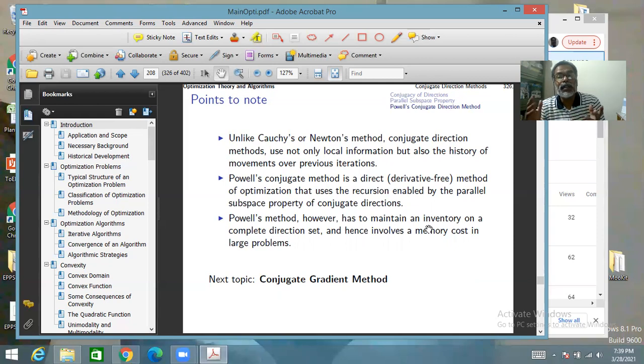N square storage in large problems, for example a 100 or 200 variable problem, will be an important memory cost. The next conjugate direction method, which we discuss, uses gradient and operates with only vectors, no matrix size storage. So that we do in the next lecture. At present, we stop at this point.